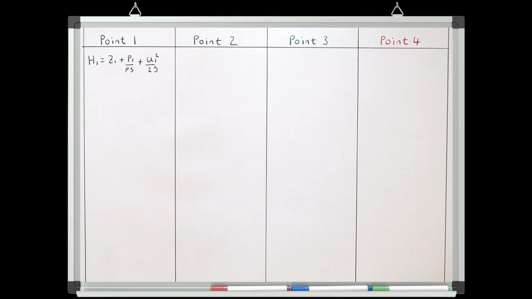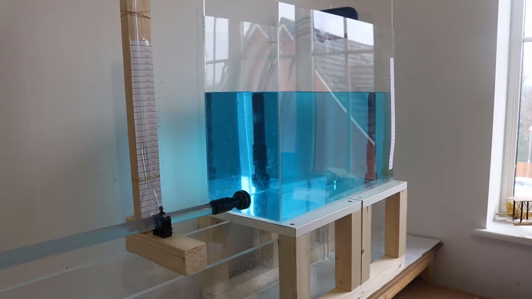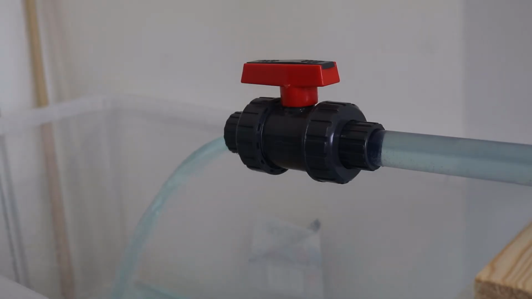If we think back to the process we looked at in lesson 2, we know we can assume the pressure is 0 at the water surface of the tank, because there's no body of water pushing down on this point in the system, and we're assuming atmospheric pressure is 0. We can also assume the velocity terms at the water surface of the tank are 0, because the velocity of the water surface is going to be negligible compared to the velocity of water in the pipe.